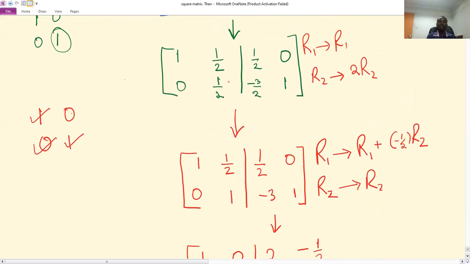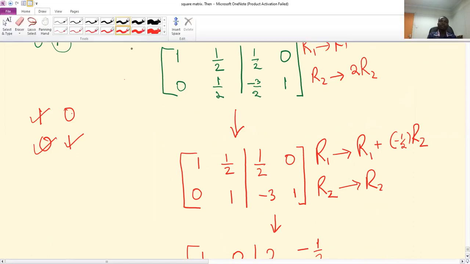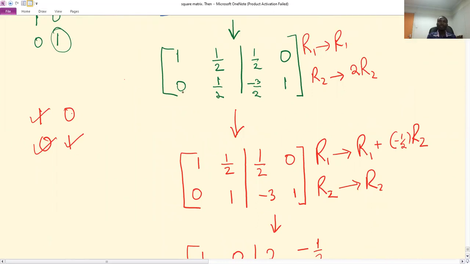So twice row 2 will have 1 minus... This was supposed to be 2. You see now when you say new row 2, we are multiplying 2 by this one, so 2 by 1 should be 2. So this element should be 2, not 1.